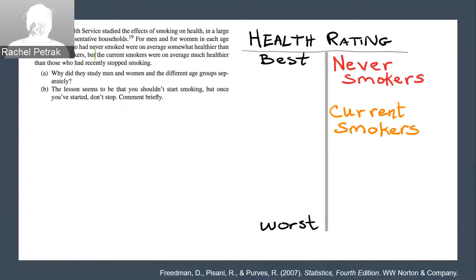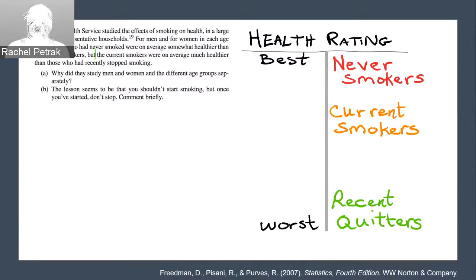The first piece here is that we are given some health ratings. We're told that first the never smokers have the best health. Then current smokers have somewhat worse health than the never smokers.